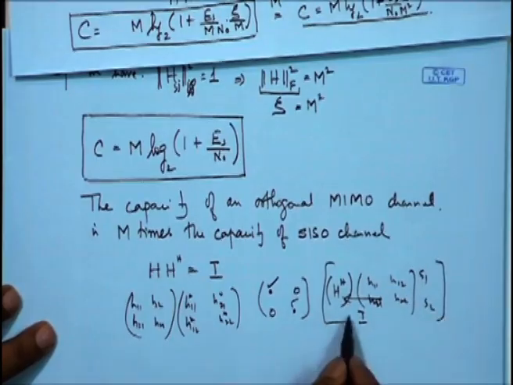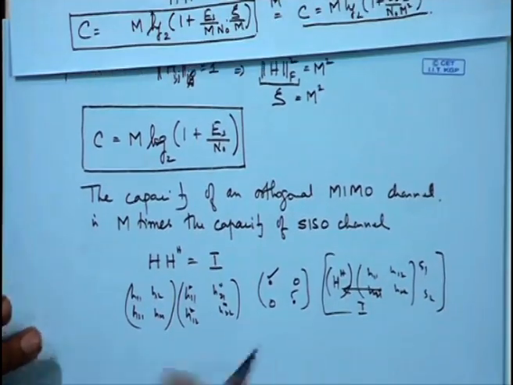So, this is the meaning of orthogonality, and we can also remember that when we talked about the Alamouti scheme, we said that the scheme basically orthogonalizes the channel. There also, if you had done H Hermitian H, you would have arrived at a diagonal or an identity matrix with a certain amount of power, where non-diagonal elements are 0, indicating that signal transmitted in any one of the channel modes does not have any influence on any other of the received channel modes.